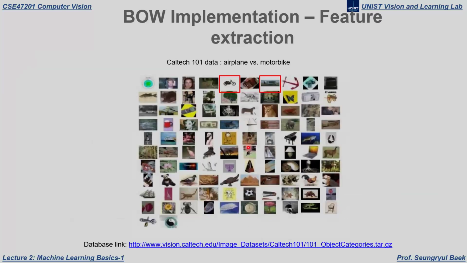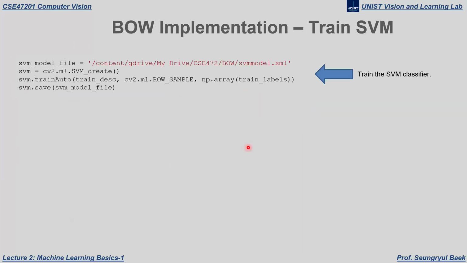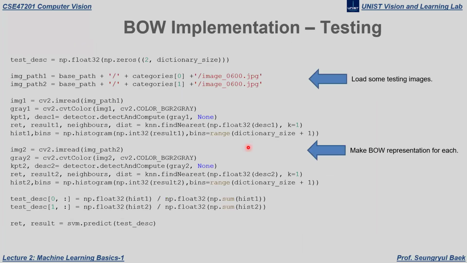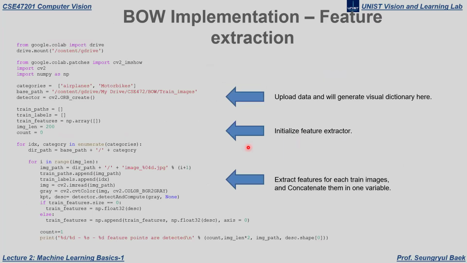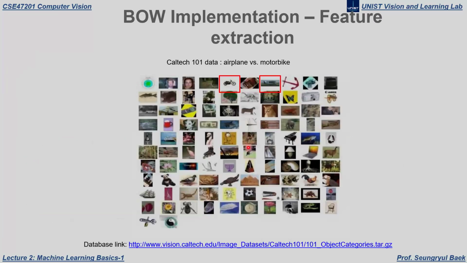Now I will introduce the code for implementing the BOW pipeline. For this exercise, we will use the Caltech 101 data, which is one of the popularly used datasets for image tasks. As I already told you, image classification uses images having one main object inside.